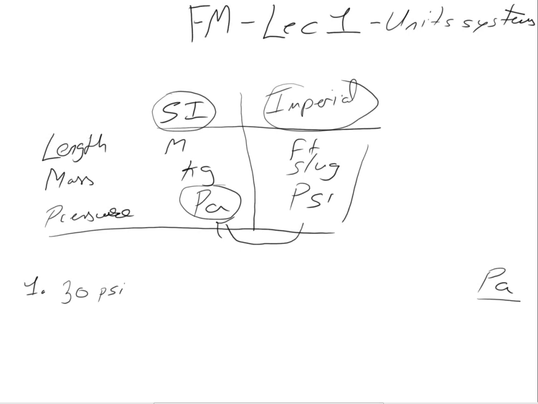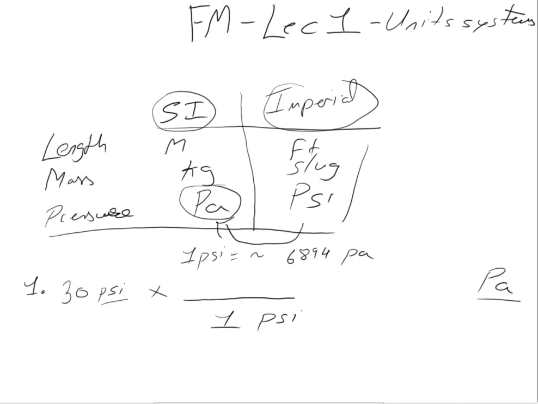Well, if 1 PSI is equal to approximately 6894 PA, how many do 30 equal? Well, you would multiply, and you want to keep this unit at the bottom, so you want to say PSI at the bottom.